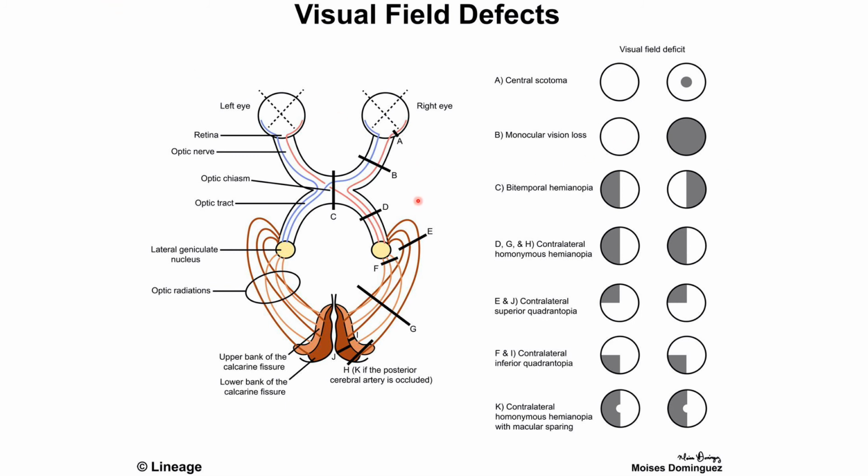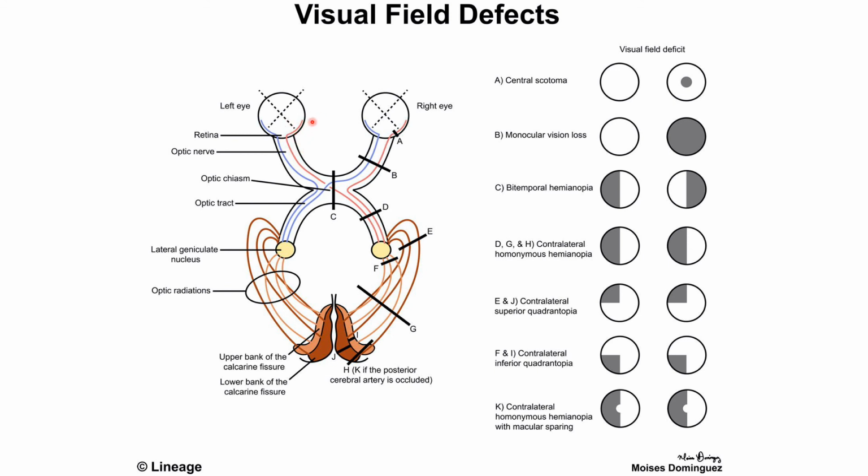Now, if a person has a lesion at point D, seen here, they'll have what's called contralateral homonymous hemianopia. And this can be explained if we follow the red fibers here. So the red fiber that crosses through the optic chiasm is on the left eye on the nasal retina.